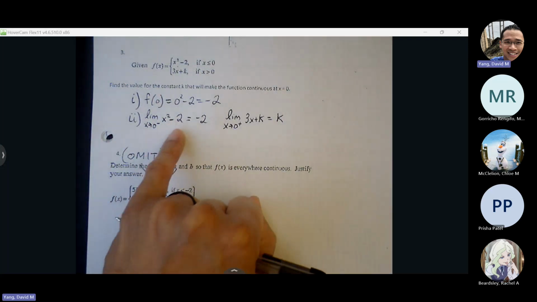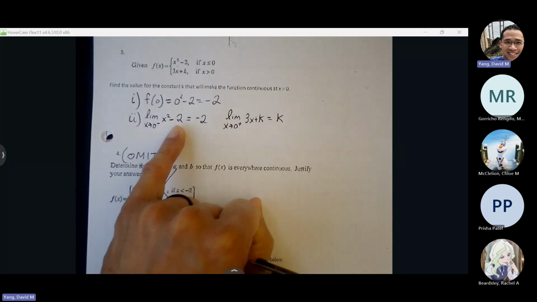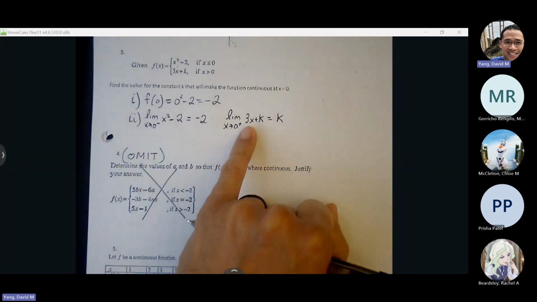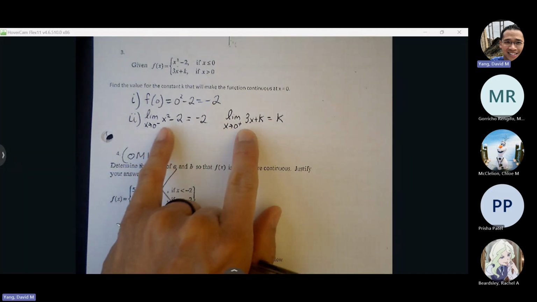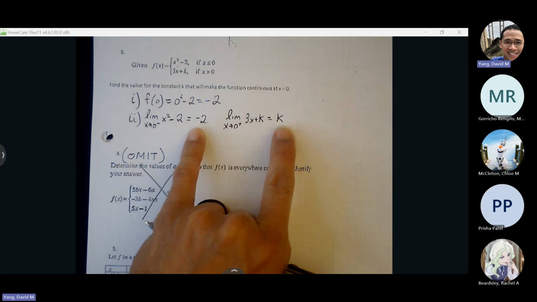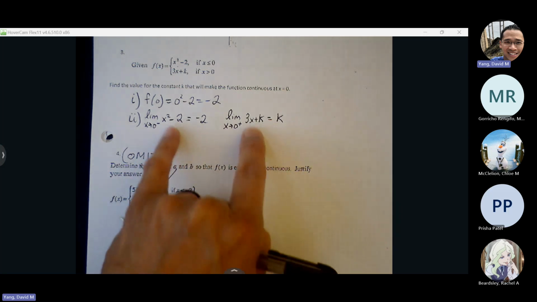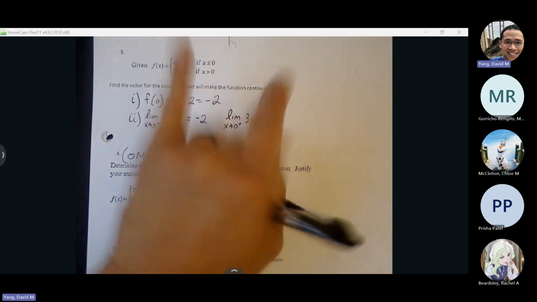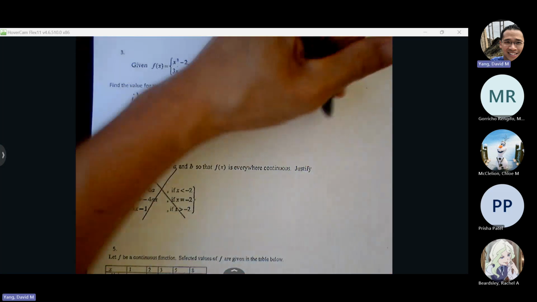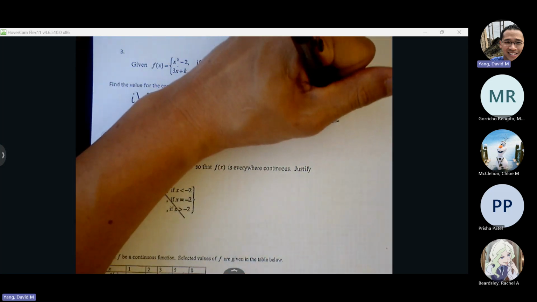So 0 from the left, I use the first piecewise. 0 from the right, I use the second piecewise. I replace all the x's with 0. And I got negative 2 from one side, k from the other. And we need one-sided limits to be in agreement if we want continuity. So we're just going to set them equal to each other, and there we have our k value.